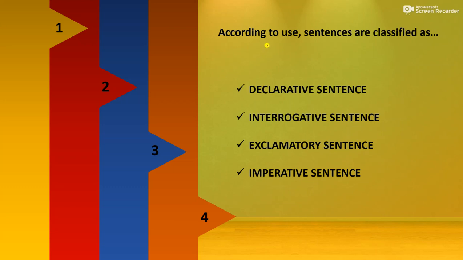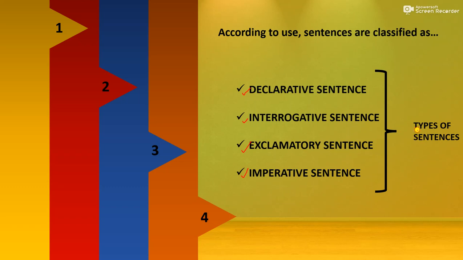So according to the use, the way we use sentences in written or spoken communication, we have come up with 4 different units of sentences: declarative, interrogative, exclamatory, and imperative. And together, all 4 of them form the types of sentences.